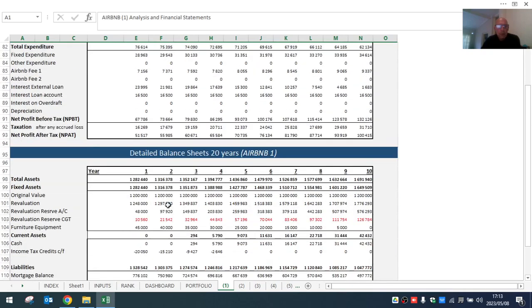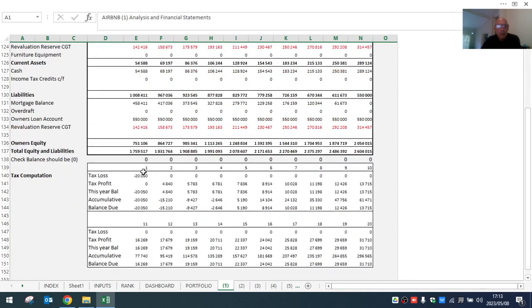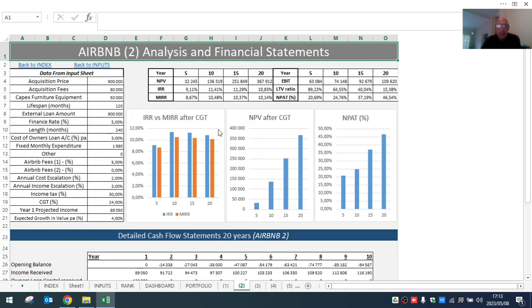That is, of course, because your tax losses accrue over the time period, and you can easily follow them if you scroll down to the tax computation sheet. Now, every model has the same basis, so it's easy to compare.